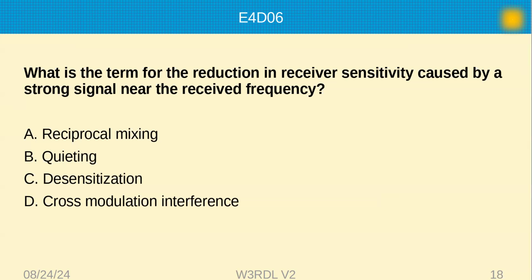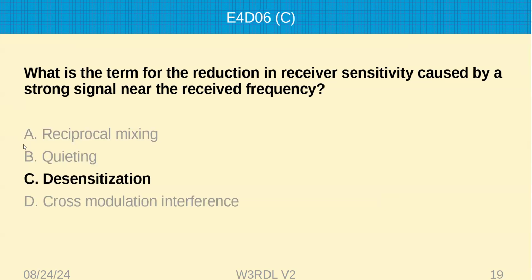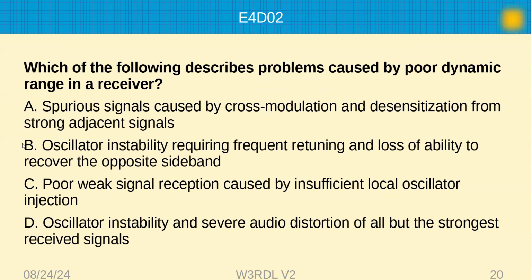So what is the term for the reduction in receiver sensitivity caused by a strong signal near the received frequency? Yep. Which of the following describes problems caused by poor dynamic range in a receiver?